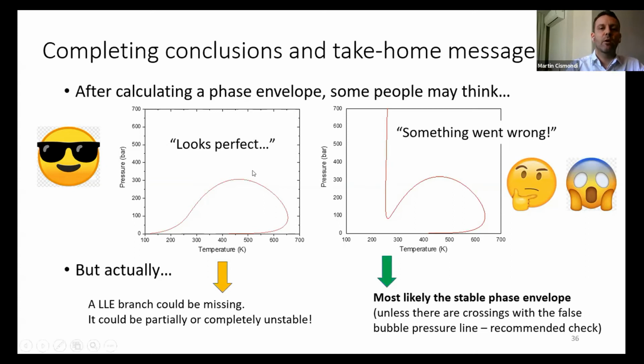And if you get this closed envelope, be careful, because sometimes, depending on the compositions, a liquid equilibrium branch could be missing at lower temperatures. Or maybe it could be partially or completely unstable, as I showed for asphaltene cases, and something equivalent can happen for cases with water or with other polar compounds.